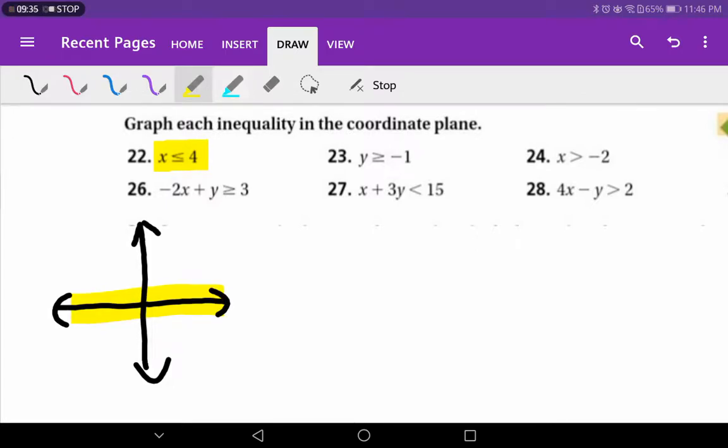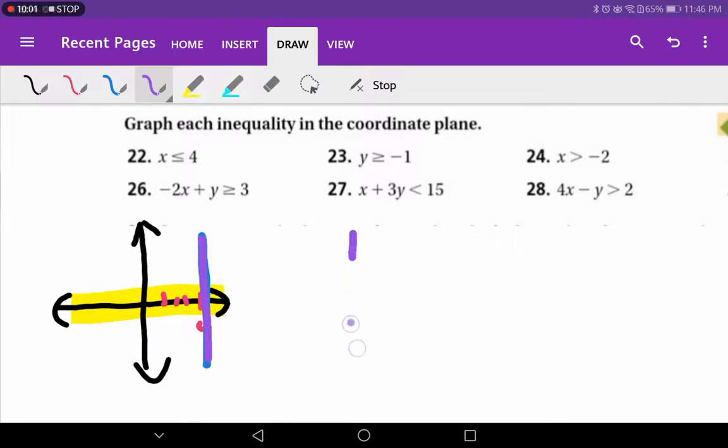It is 4, I have to skip by 1, 2, 3, and this is 4. I draw my line, a vertical line actually, and I will read it correctly. X less than or equal, I already wrote. Sorry, I already drew a solid line, not dashes.